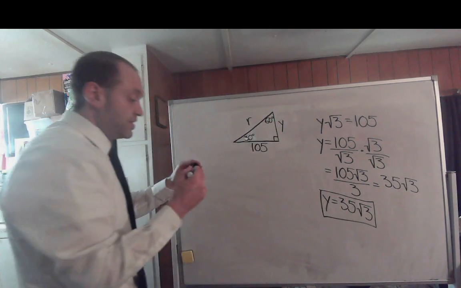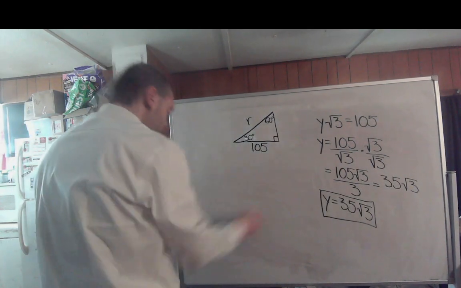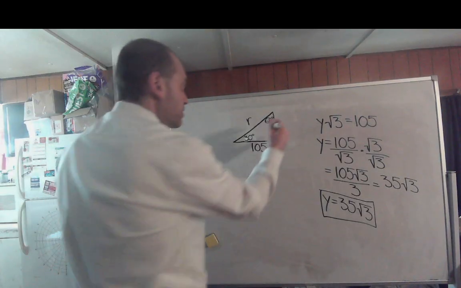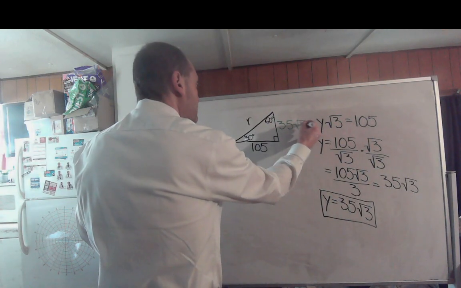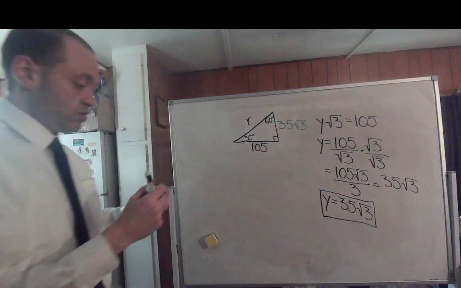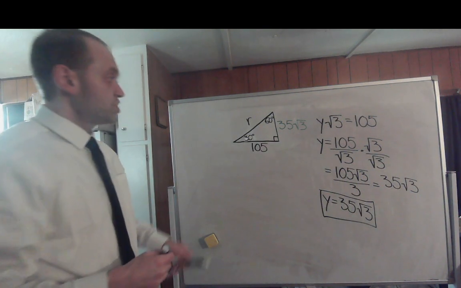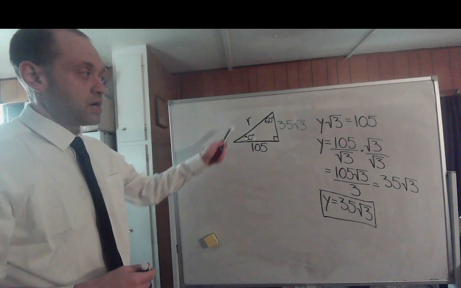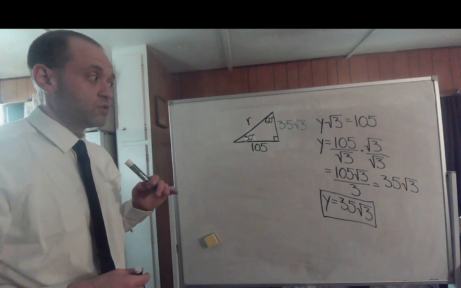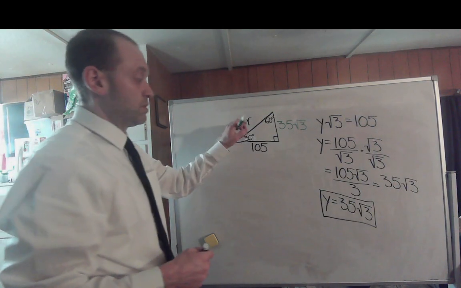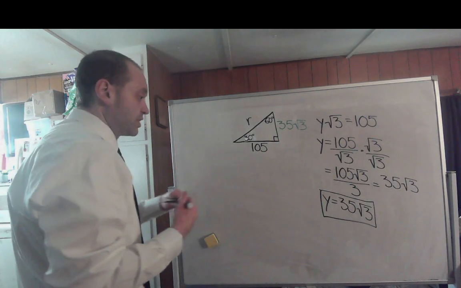And that's opposite. Now, I'm going to put that in a different color since we solved for it. So that y, which is opposite the 30-degree angle, is 35 times the square root of 3. Now, what's true for that hypotenuse r? The hypotenuse in a 30, 60, 90 right triangle is twice as long as the side opposite the 30-degree angle.